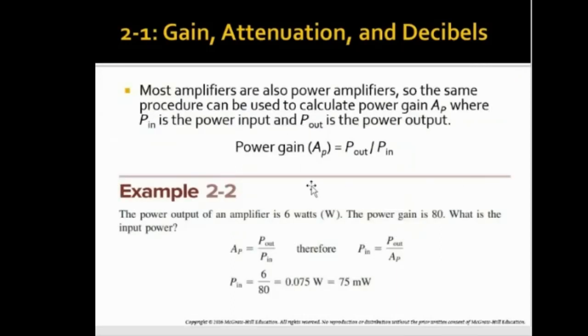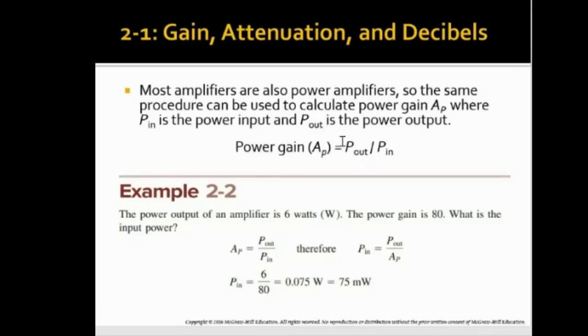Most amplifiers are also power amplifiers, so the same procedure can be used to calculate power gain. Here it is shown as AP, where P in is the power input and P out is the power output.